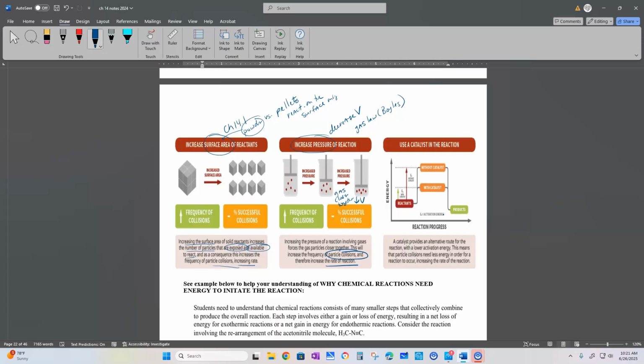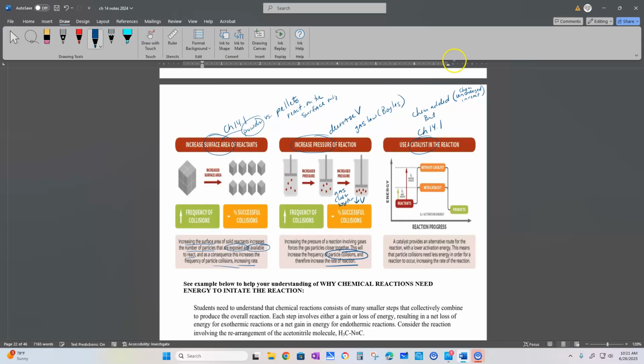And then the last one, which we also talked about in 14.1, is a catalyst. Remember a catalyst is a chemical added, but there was a key part to it, which we're going to get to in the last video. It's a chemical added, but the actual chemical is unchanged in the reaction.